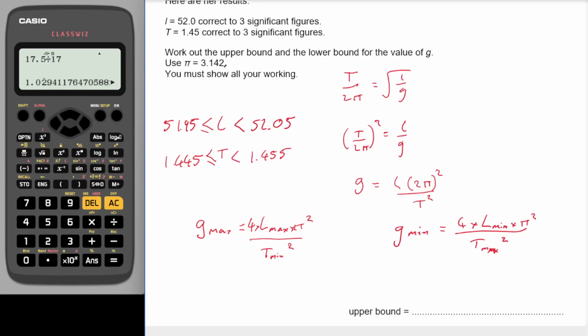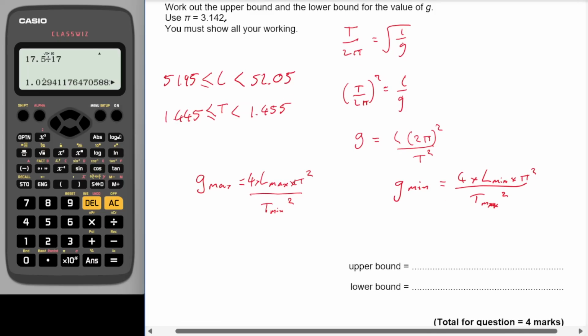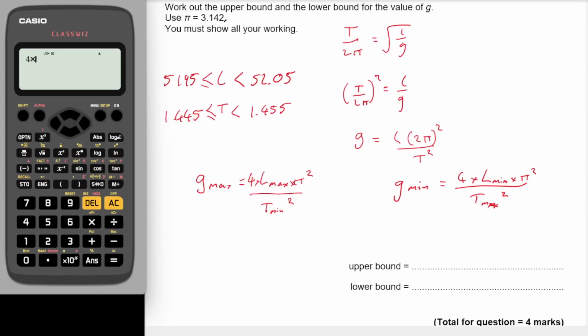Right, so I'm going to go straight to my upper bound now. So I'm looking at 4 times 52.05 times, remember to use that value for pi, 3.142 squared.